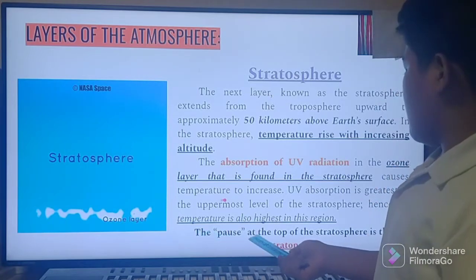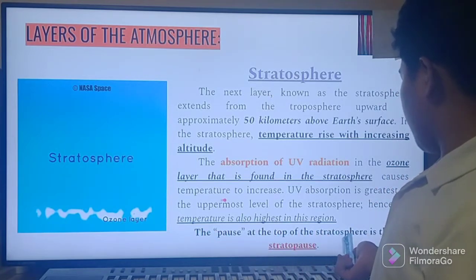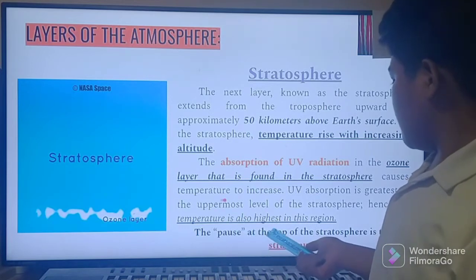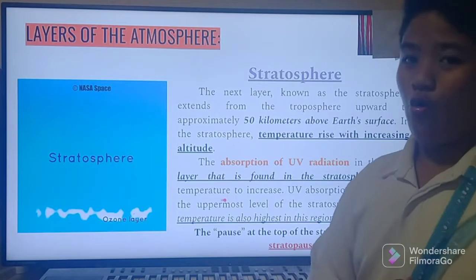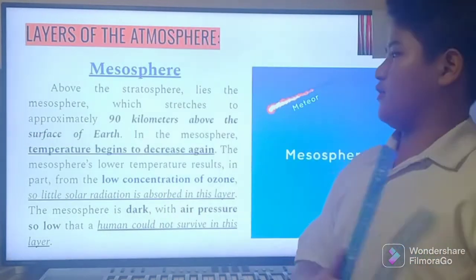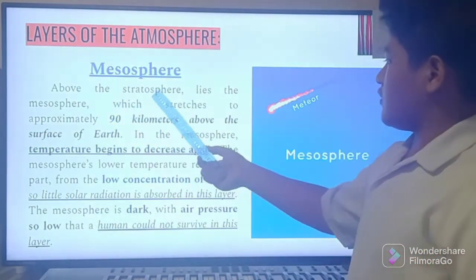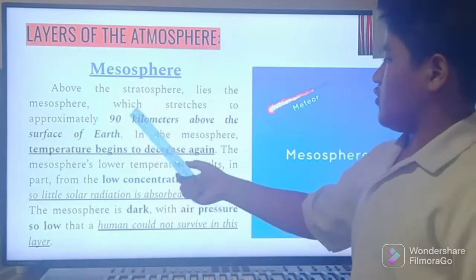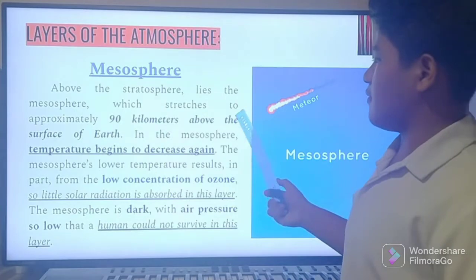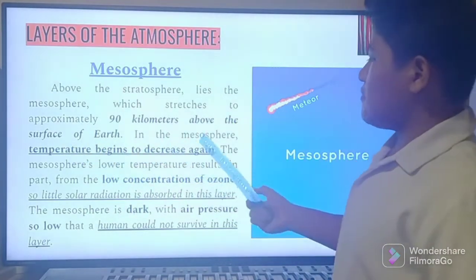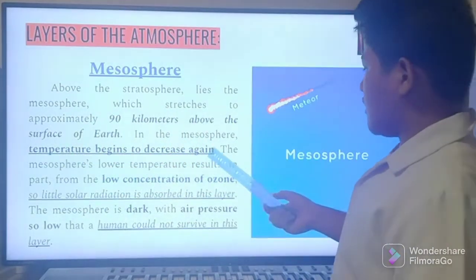The boundary at the top of the stratosphere is the stratopause. Mesosphere. Above the stratosphere lies the mesosphere, which stretches to approximately 90 kilometers above the surface of the Earth. In the mesosphere, temperature begins to decrease again.